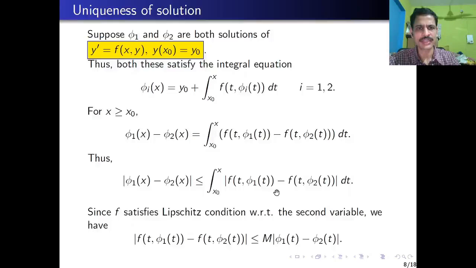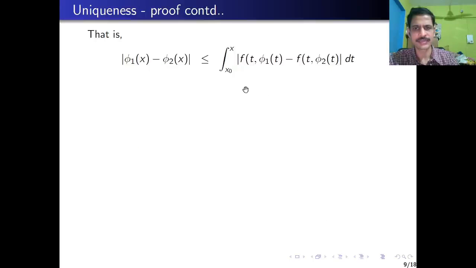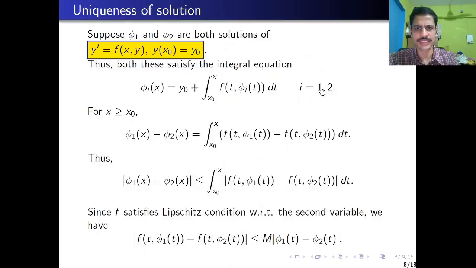So what will we get? This is the same equation as above, and we are substituting the Lipschitz condition into the quantity under the integral sign. So we get that this is less than integral x naught to x of m times modulus of phi1 t minus phi2 t dt.